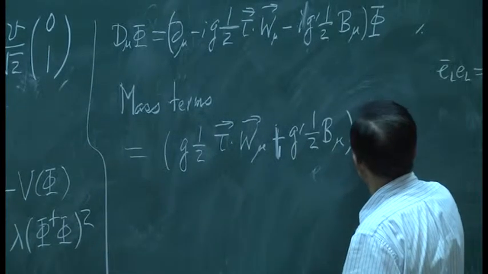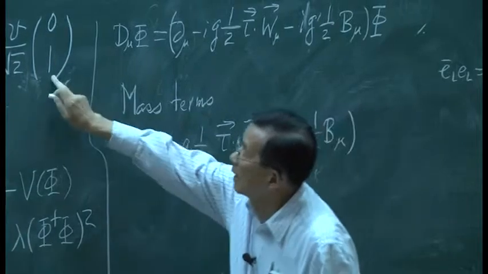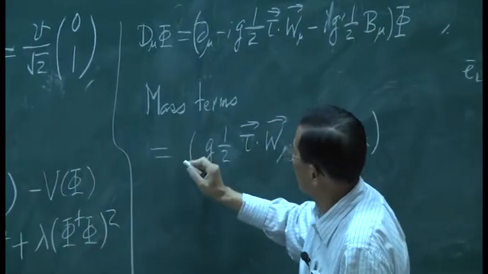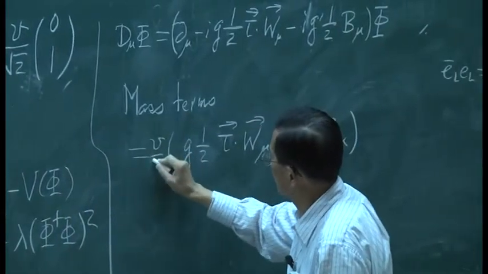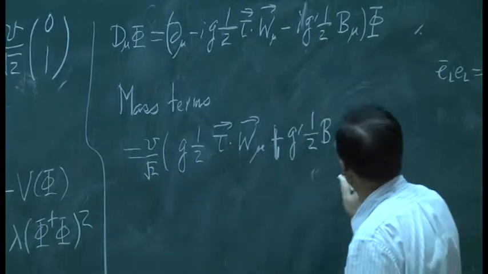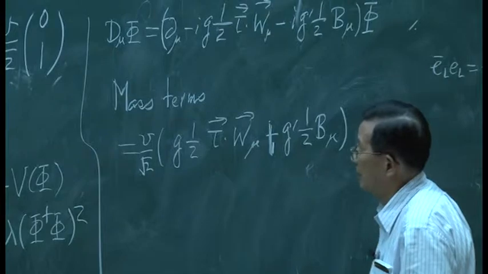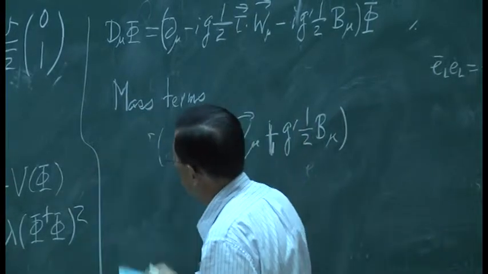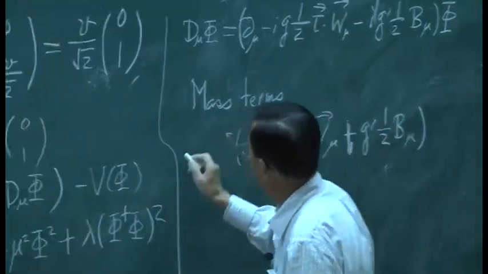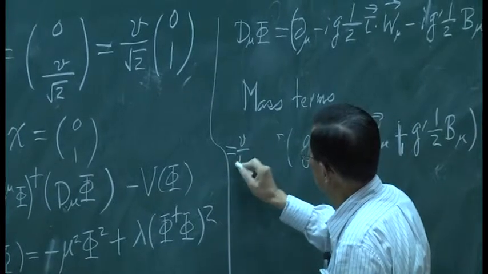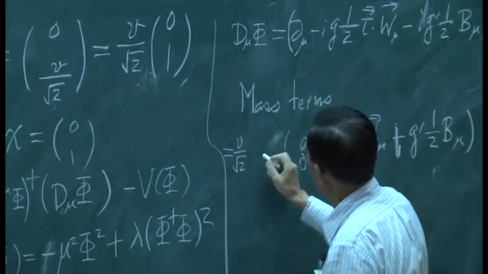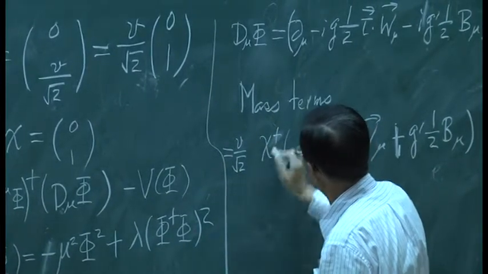And then I have chi, and then I have v over square root of 2. So I'm taking this, equal to v over square root of 2, and I have a chi like this here.